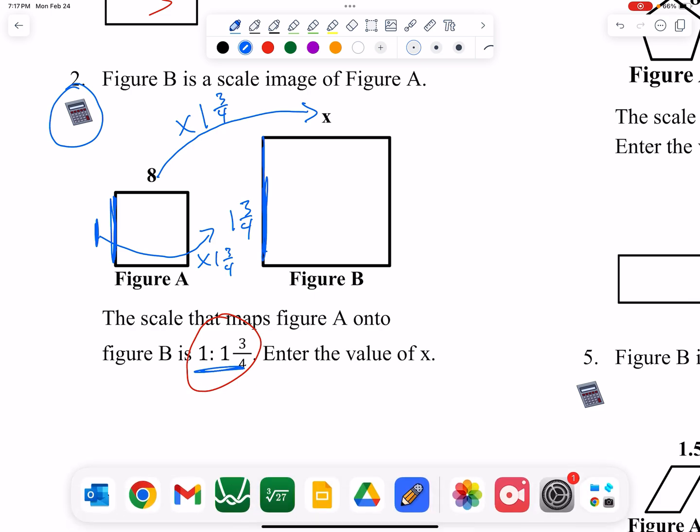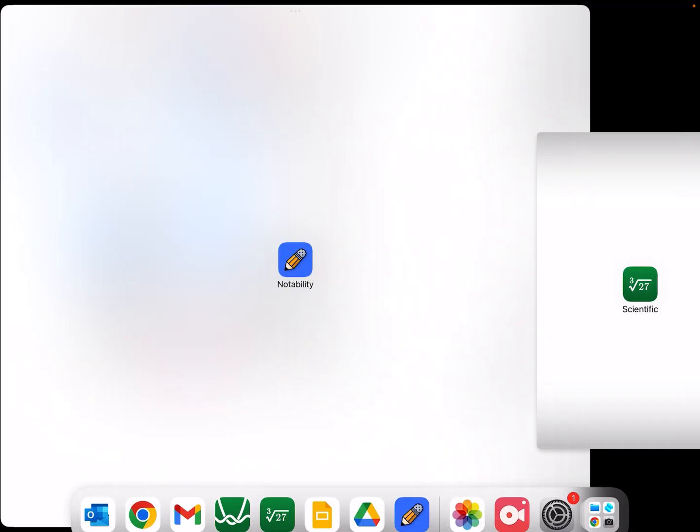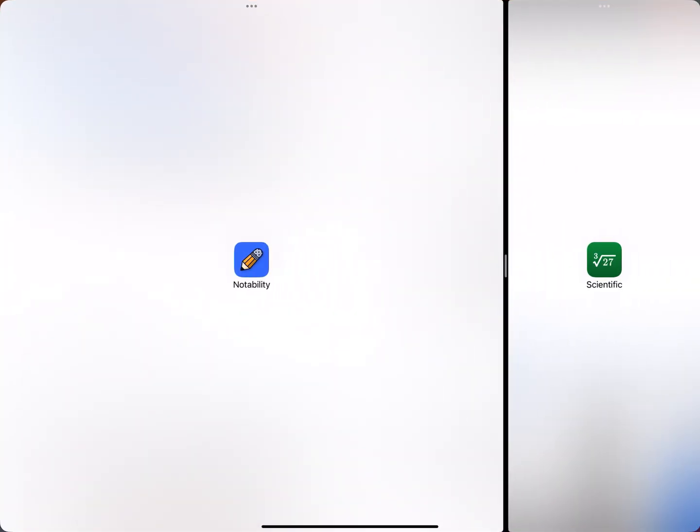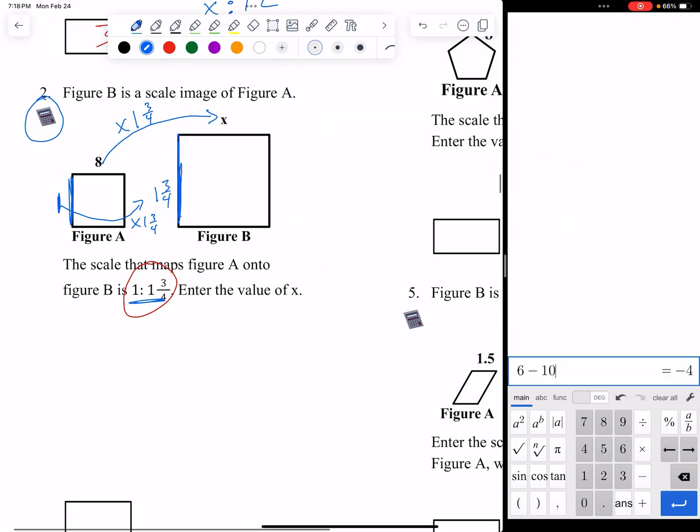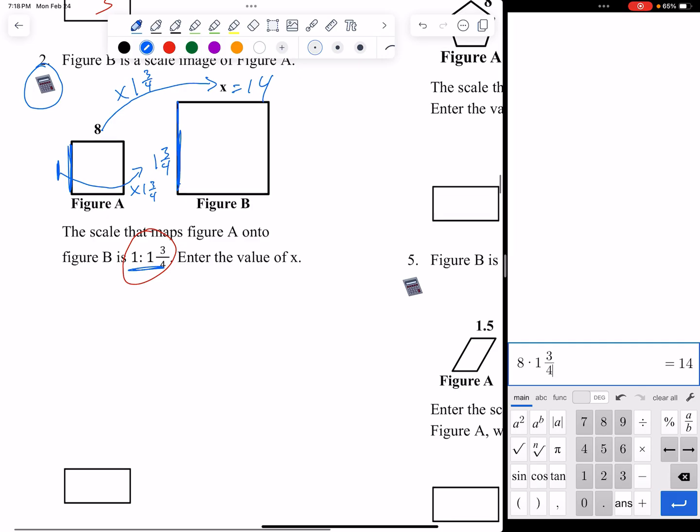So let's use our calculator because that's a crazy number. You guys love fractions, don't you? But calculators are going to be easier this way. I started with 8, and I'm going to multiply times 1 3/4, and I'm going to get 14. There, that was it.